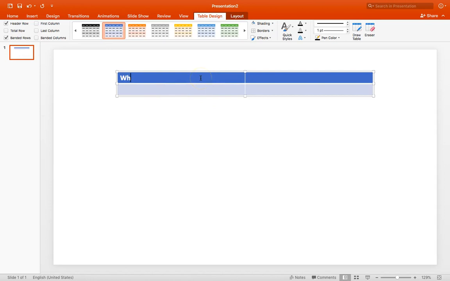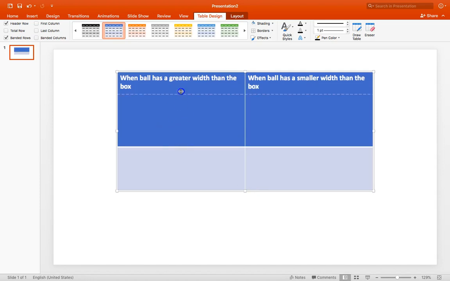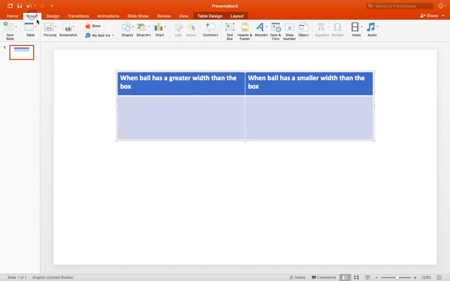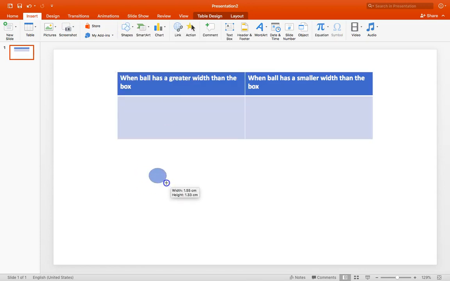When the ball has a greater width than the box, and when the ball has a smaller width than the box. It looks something like this.